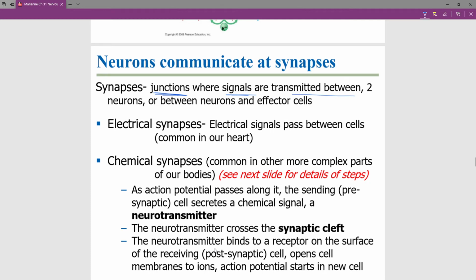These gaps, these joints, are called synapses, and you can have electrical synapses, which are more common in your heart, or chemical synapses that rely on neurotransmitters, which you're probably more familiar with, and those are in more complex parts of our body.